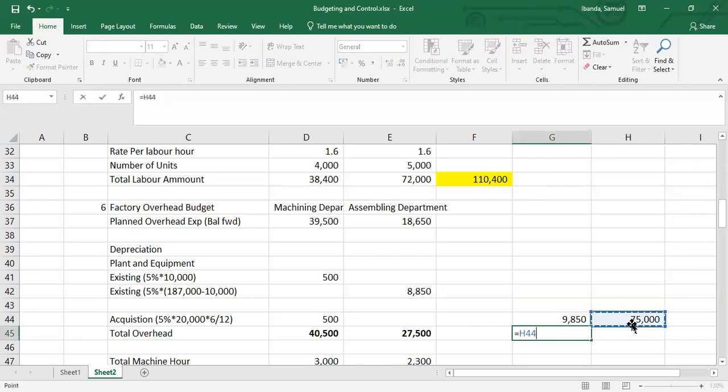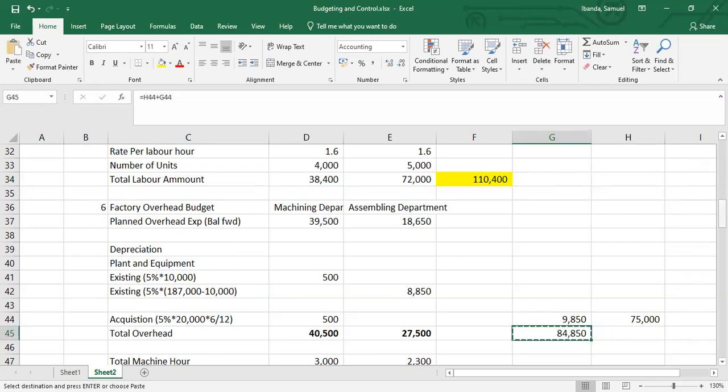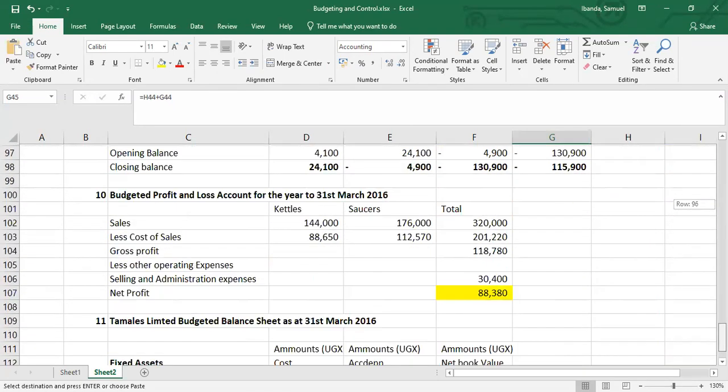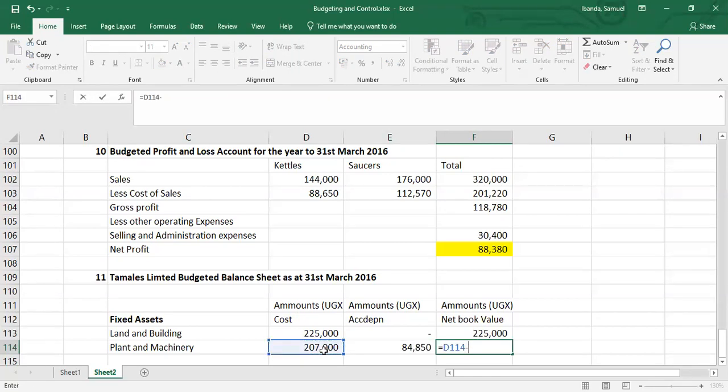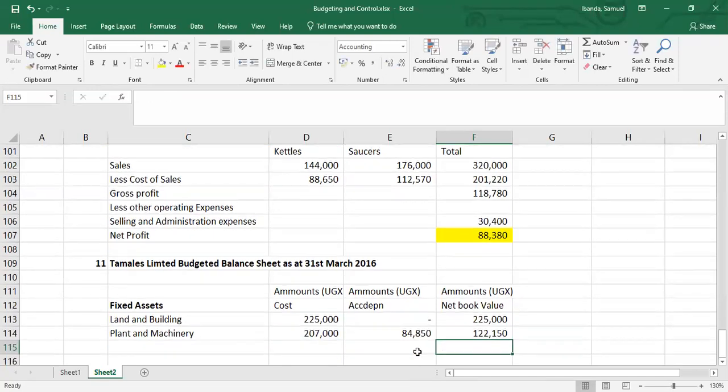So mine is to get the summation of the two to determine what I'll have on the other side. So I have 84,850. That is basically what I have.